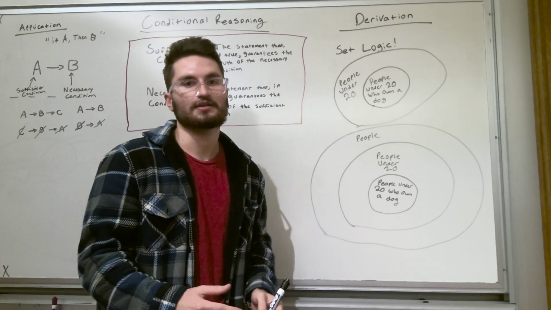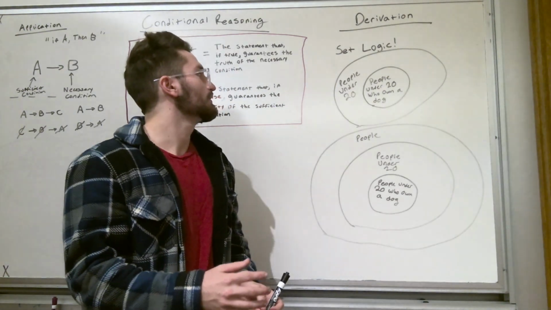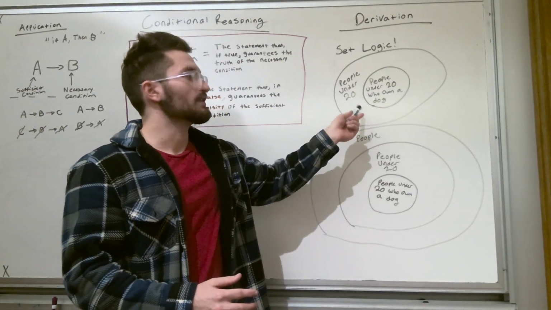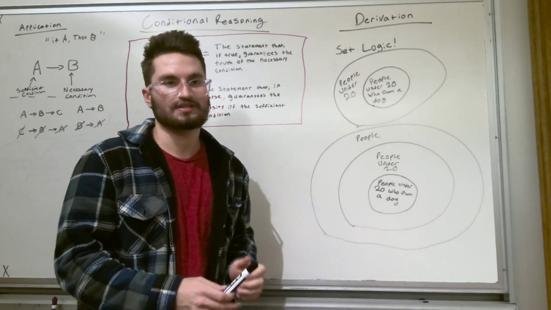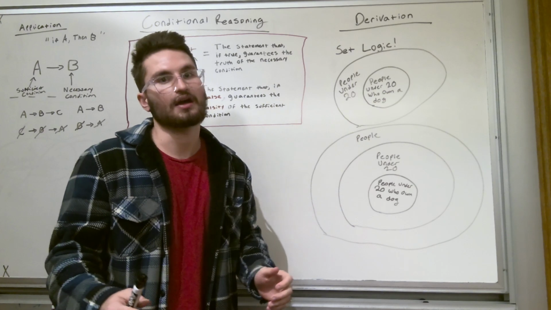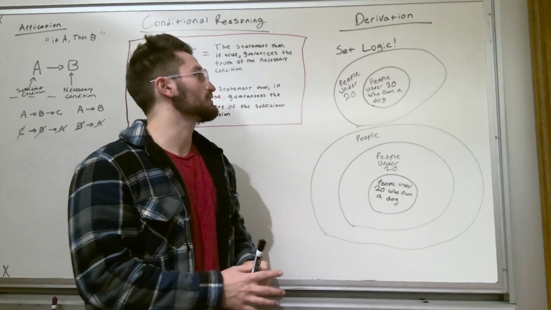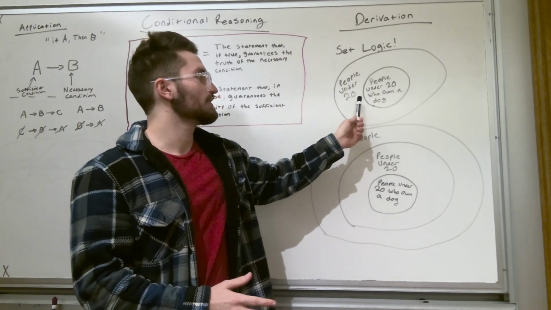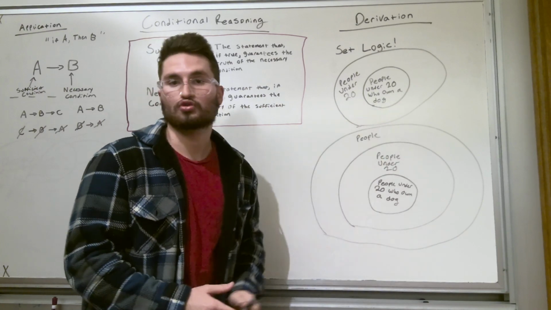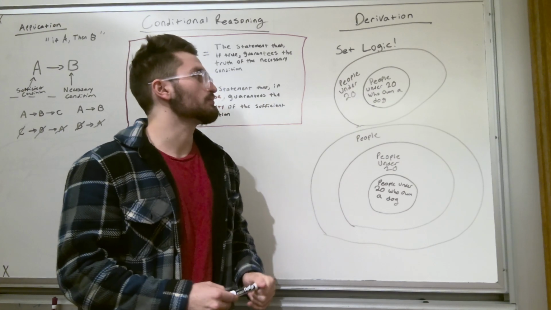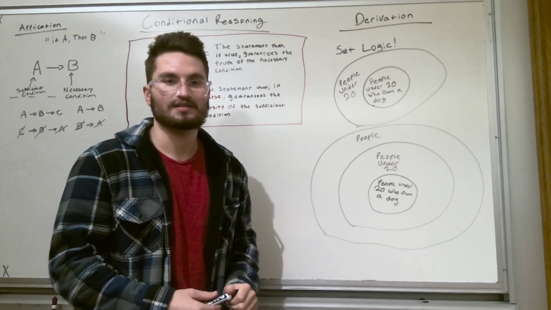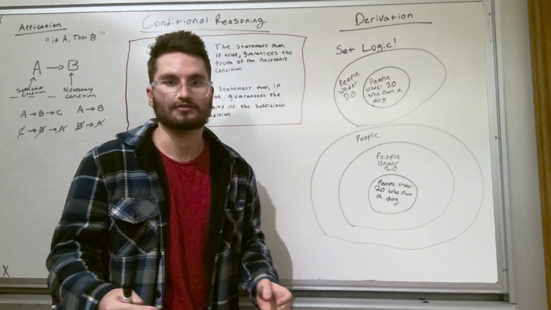So on the flip side, a superset is a set of stuff that contains all the instances of the subset, but can also contain other instances that are not included in the subset. For instance, people under 20 contains all the people under 20 who own a dog, but it also contains all the people under 20 who don't own a dog, say like the cat owners and the fish owners and the reptile owners out there.